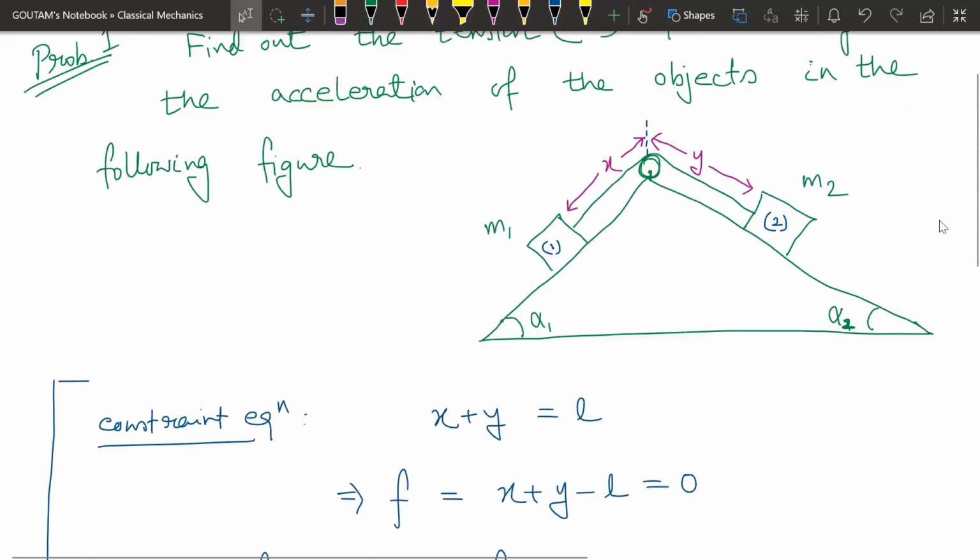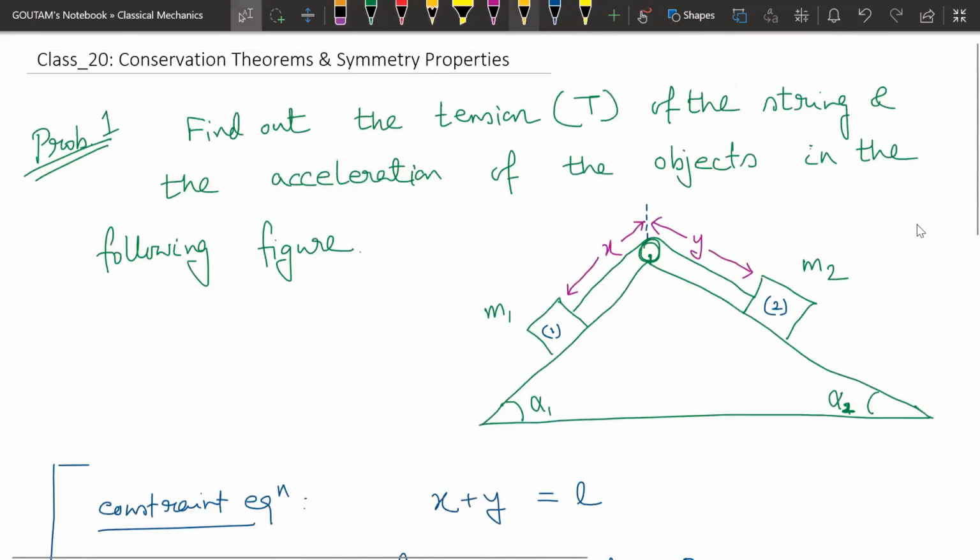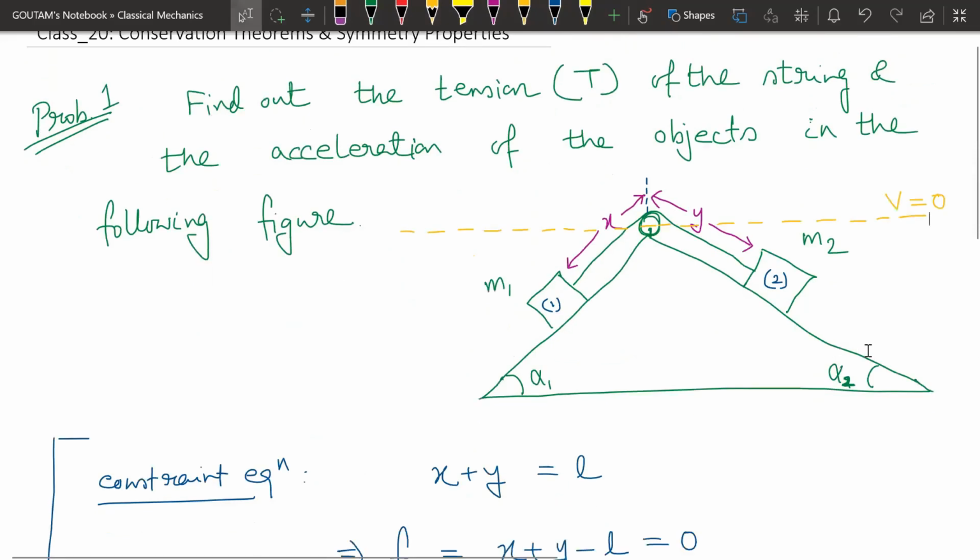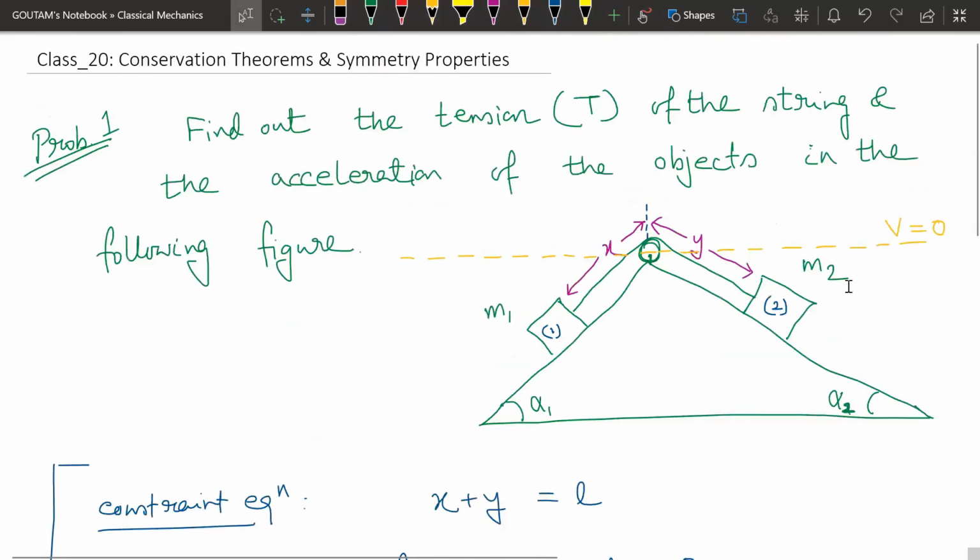so if we consider this yellow line as our zero potential line, so on this line the potential energy is 0. The zero potential level we can define as we wish. So we are taking it at this level.